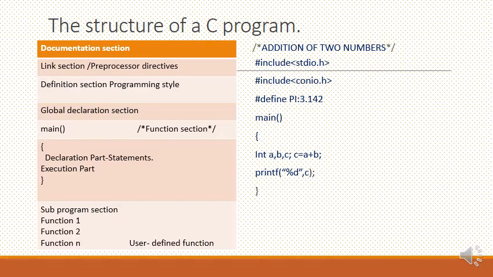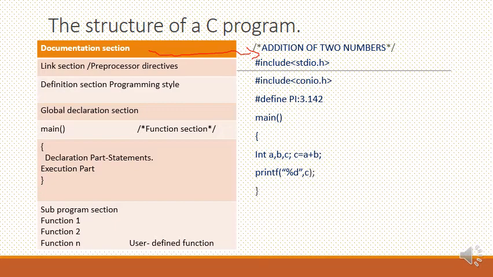Our structure of the C program contains the documentation section. What do you mean by the documentation section? The documentation section is nothing but the title of the program, that is always written in between forward slash star and ending with star and forward slash.